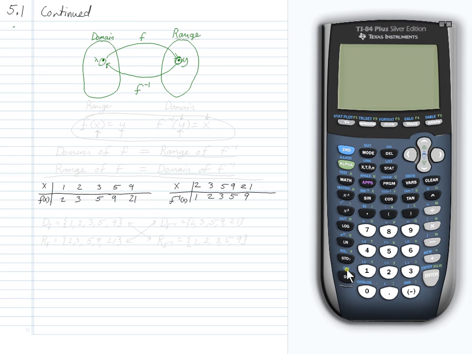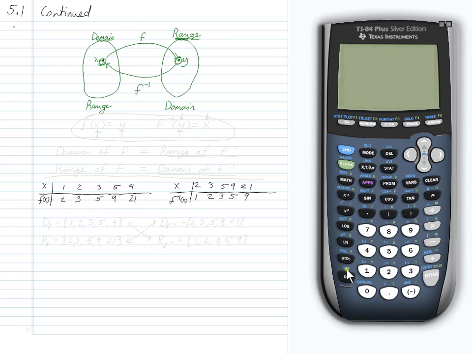That is to say that f inverse takes its inputs from the range of f, making it the domain of f inverse. And then our f inverse takes those values and turns them into values from the domain of f, making the domain of f the range of f inverse.